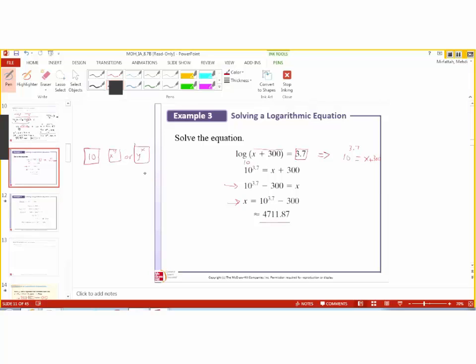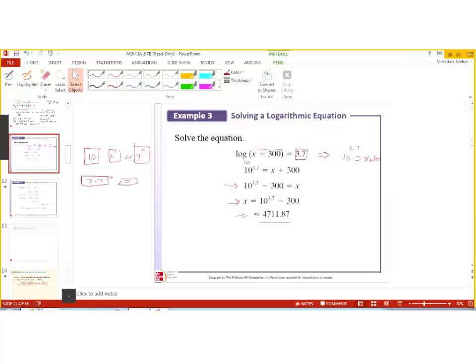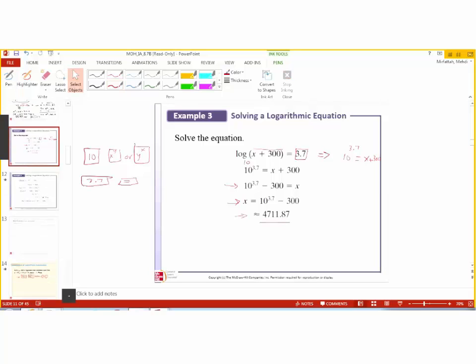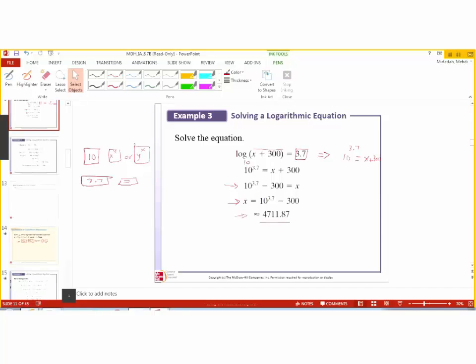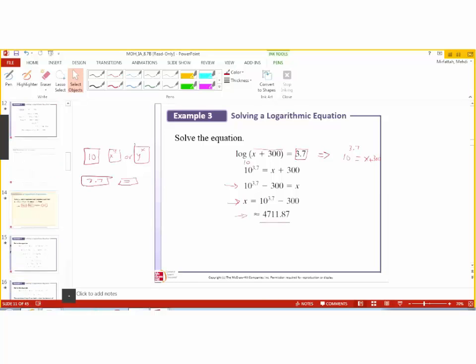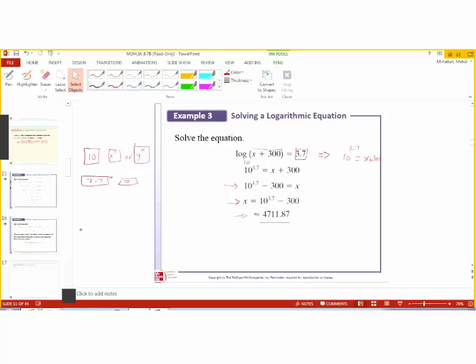Then you insert 3.7, and you press the equal sign, and that's how you get the number. And then you subtract 300 from that, and you get this number. How would you do that without the calculator? You have to use a calculator for this kind of calculation.